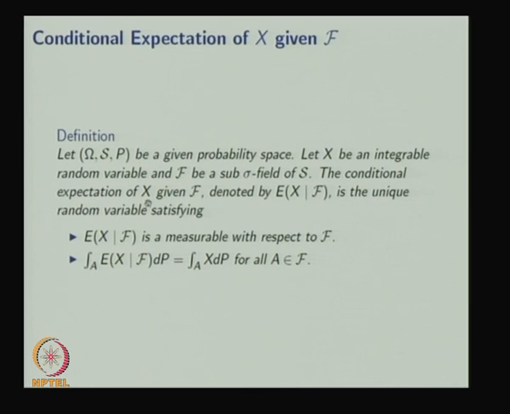The conditional expectation of X given F. To distinguish the sigma fields F and S, S is a sigma field and F is the sub sigma field, and we are defining the conditional expectation for the random variable X given the sub sigma field of S, that is F. It is denoted by the expectation of X given F, and it's a unique random variable.